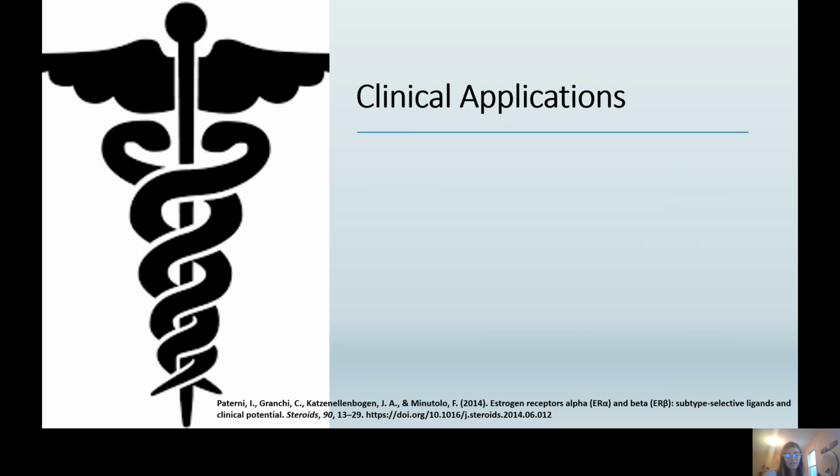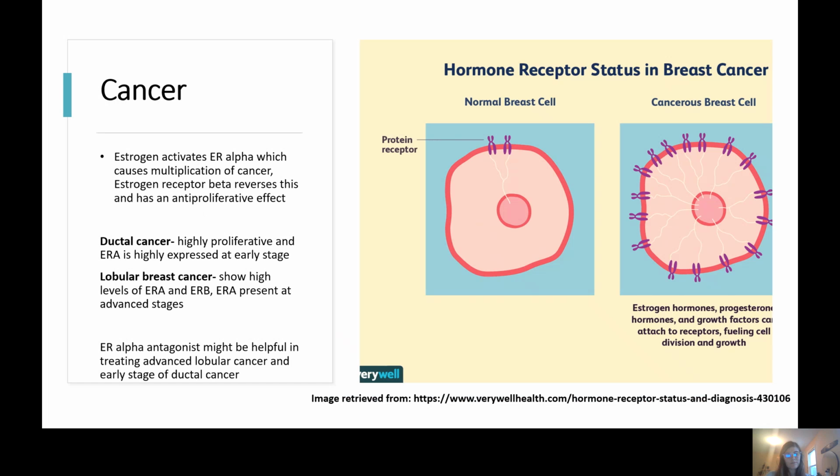As mentioned previously, some clinical applications that will be discussed are cancer, neuropathies, which is nerve damage, cardiovascular disease, osteoporosis, and menopause.